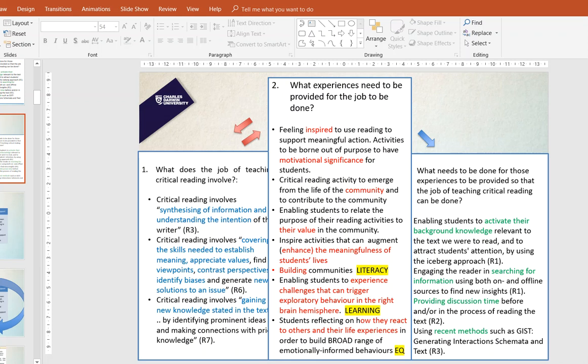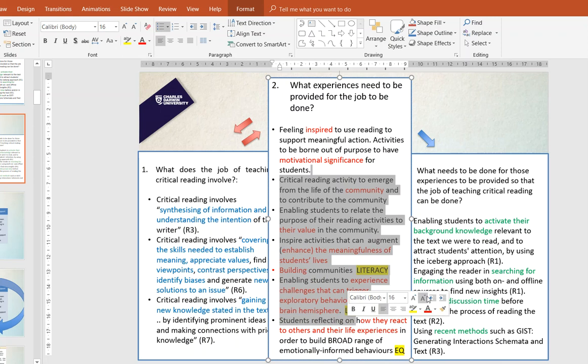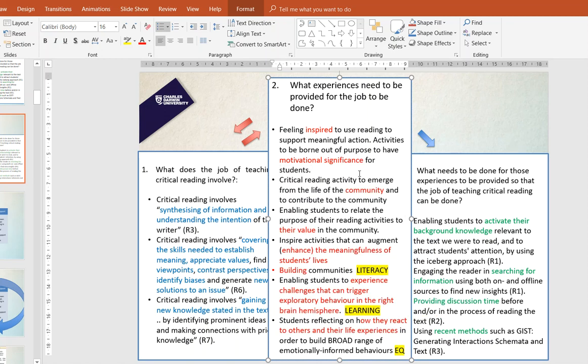So learning experiences. So how are we gonna do that? So this is the content, this is the learning experiences that we need to generate.